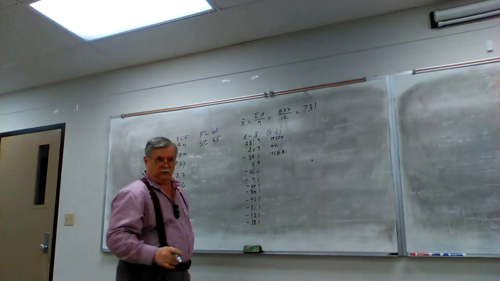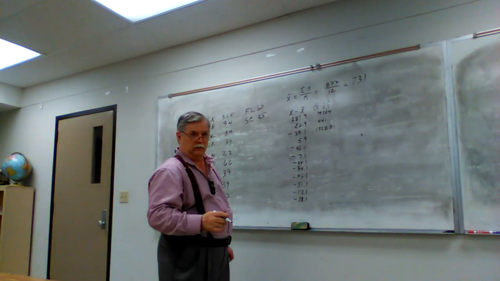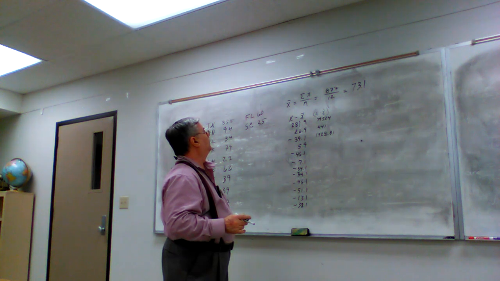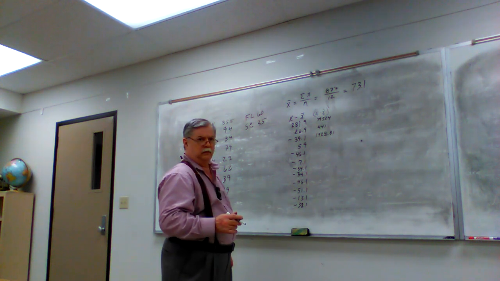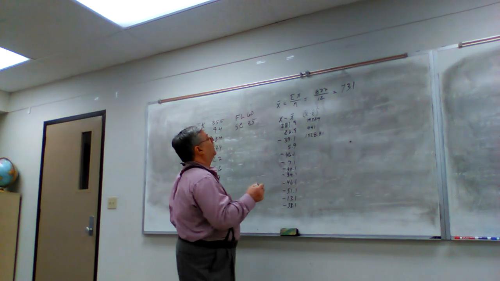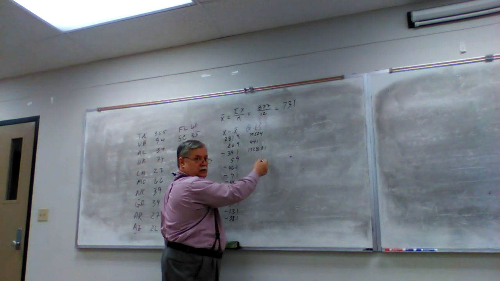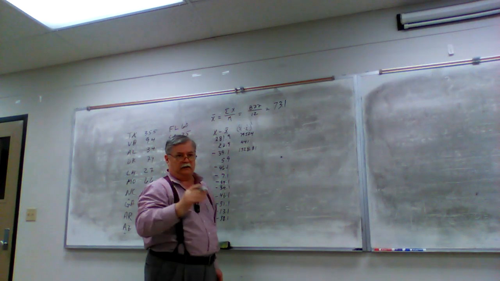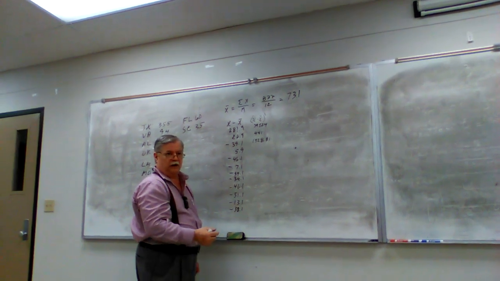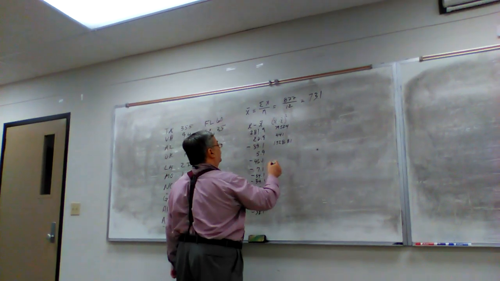You said you got something different? Why did you? Oh, are you keeping a running sum? Oh, okay. No, I'm just taking the square of each term, and then we'll add them up. And 5.9 squared.